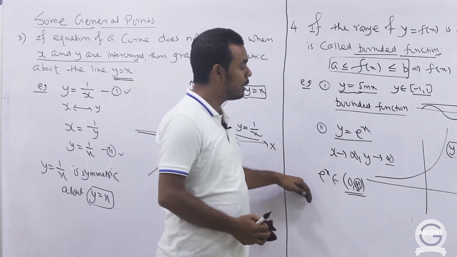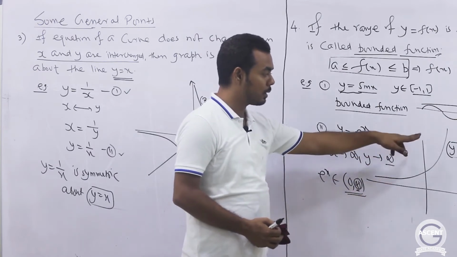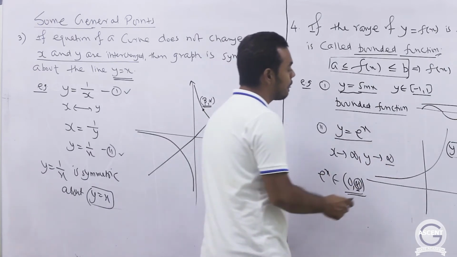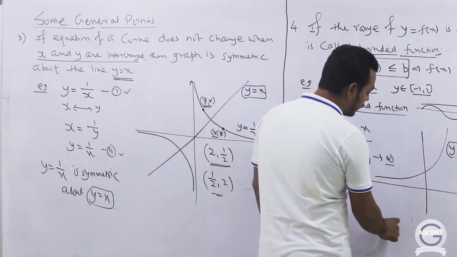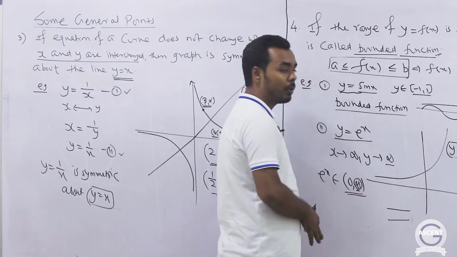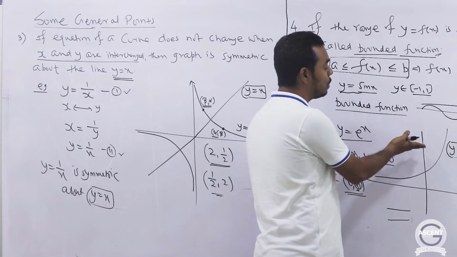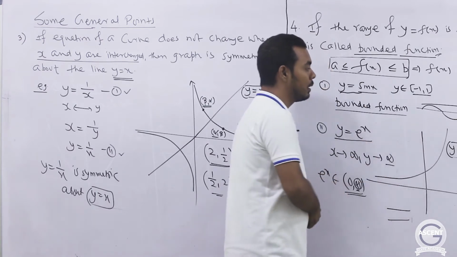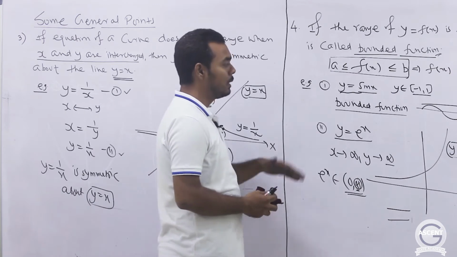You cannot confine this graph between any two parallel horizontal lines, and therefore it is not bounded. You cannot draw any line and say that below the line the graph will always be there.